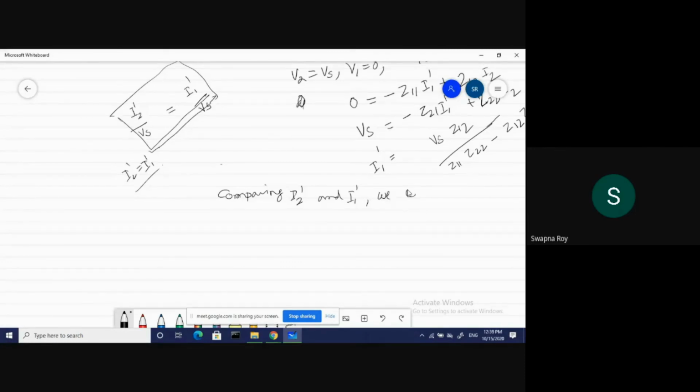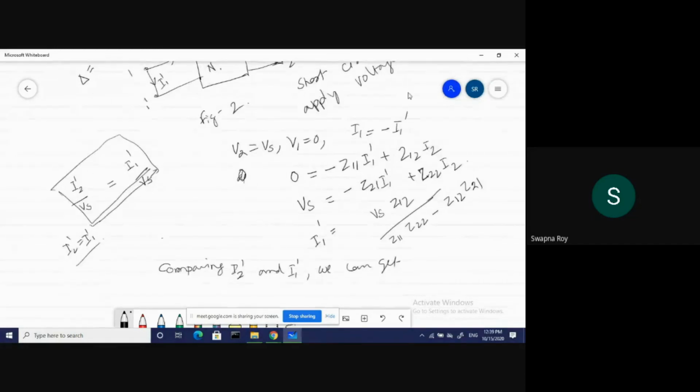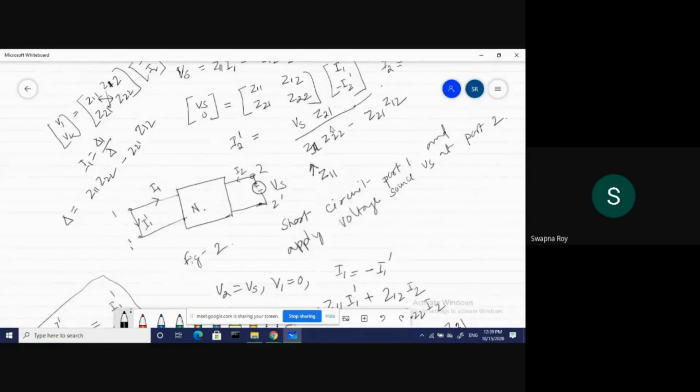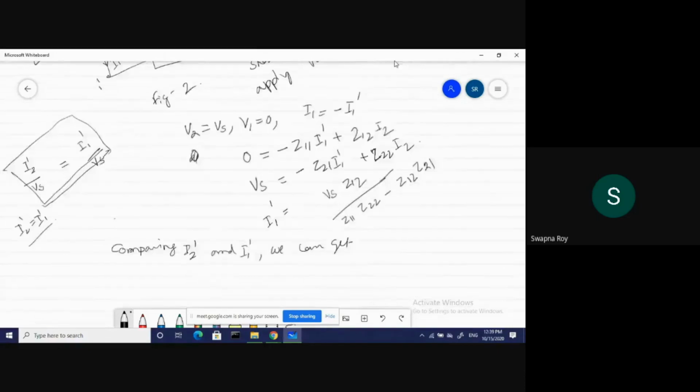We can get Z12. See, in both cases, one is Z12 and another one is Z21. Here it is Z12, and in the previous case, Z21.